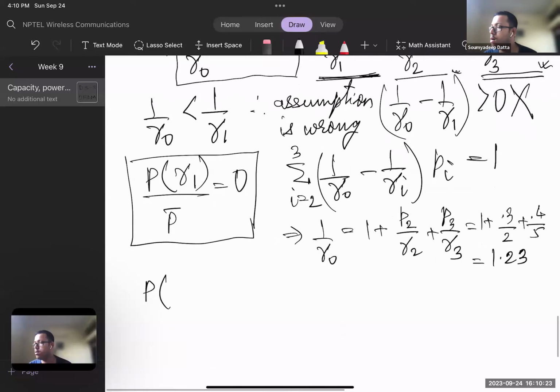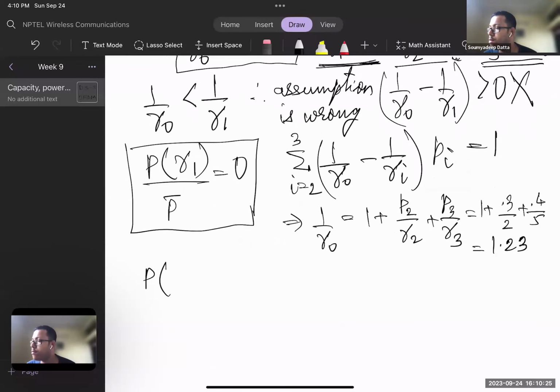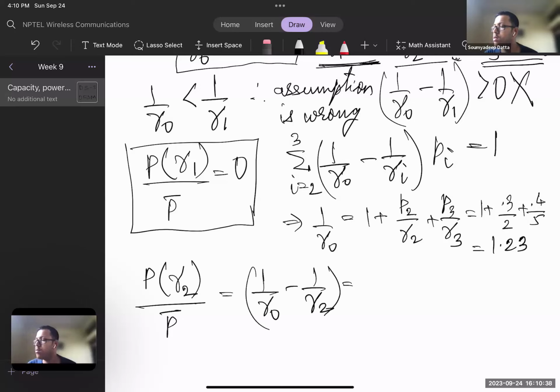So anyway, P of gamma 1 is already solved. P of gamma 2 by P bar is now how much? 1 by gamma naught minus 1 by gamma 2. Gamma naught is known, 1.23, and gamma 2 is 2. So 1 by 1.23 minus half.